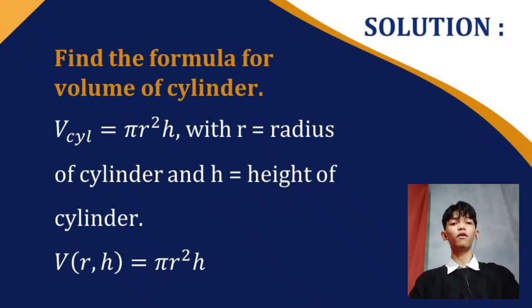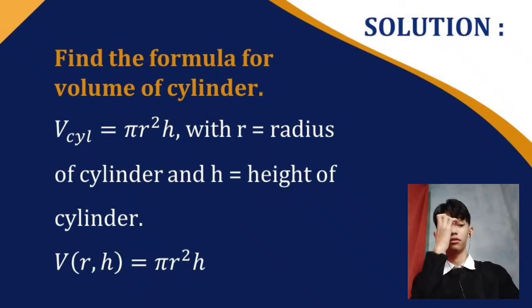But in this form, the formula of the volume of a cylinder is a function with two independent variables. However, if we want to find the maximum and minimum of a function, we have to make sure that the function depends on one independent variable.